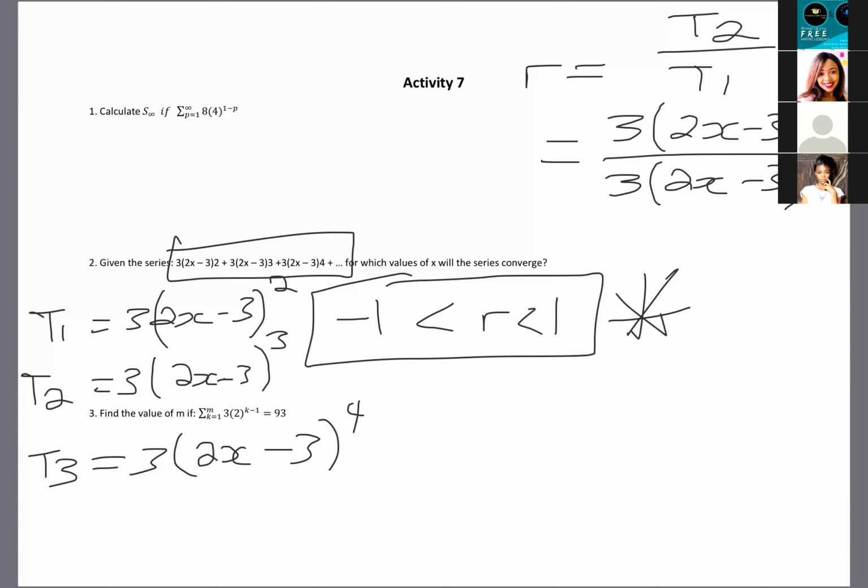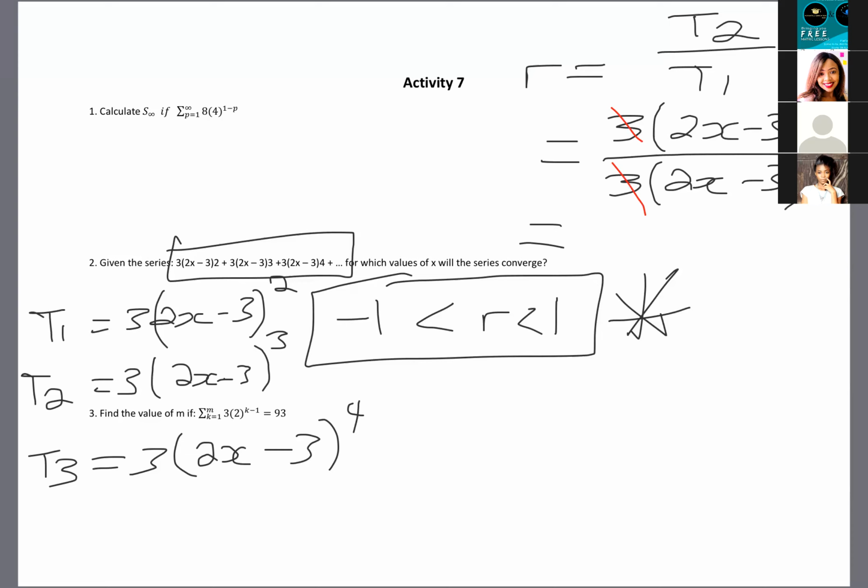So this is supposed to be there to the power of 3, that to the power of 2. Do you agree with me that this 3 is going to cancel with the 3? So what am I going to have left? 2x minus 3 cubed divided by 2x minus 3 squared.